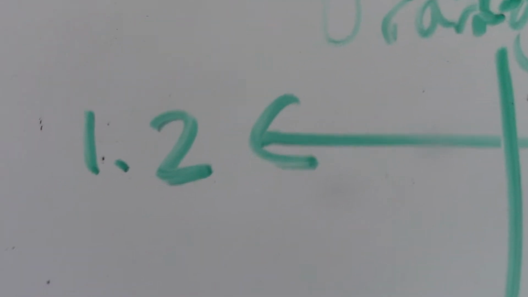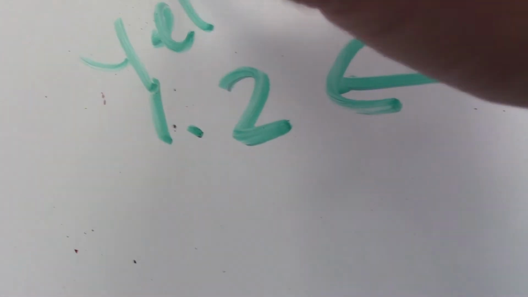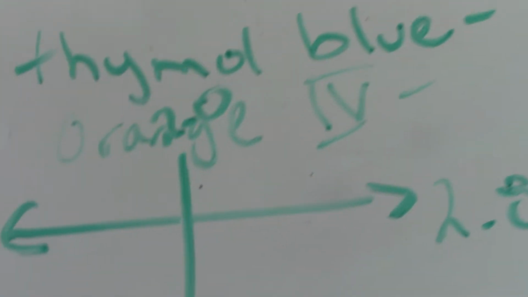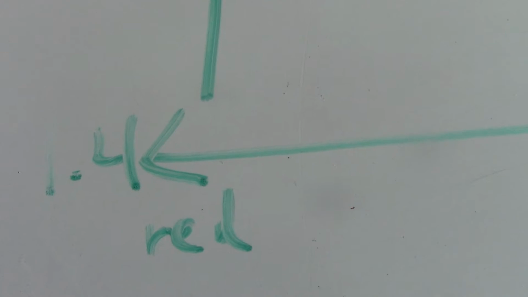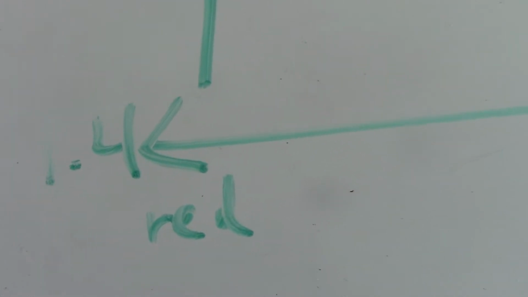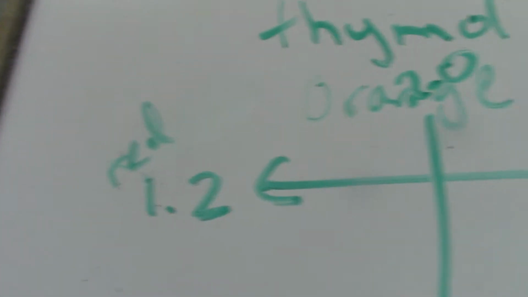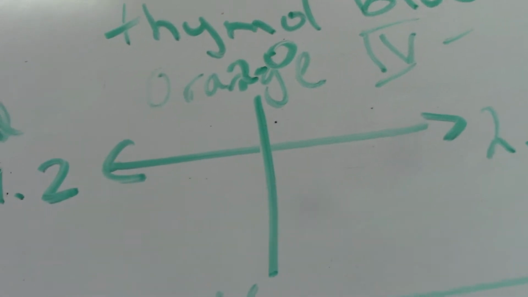All right, and then this is yellow. Sorry, this is red, and this is yellow. Okay, so I know that it's red, so I know that it's acidic. Now we're just determining the range. So it's red, so I know that it has to be around 1.4, but my thymol blue indicator gives me an orange, so I know it's between 1.2 and 2.8.